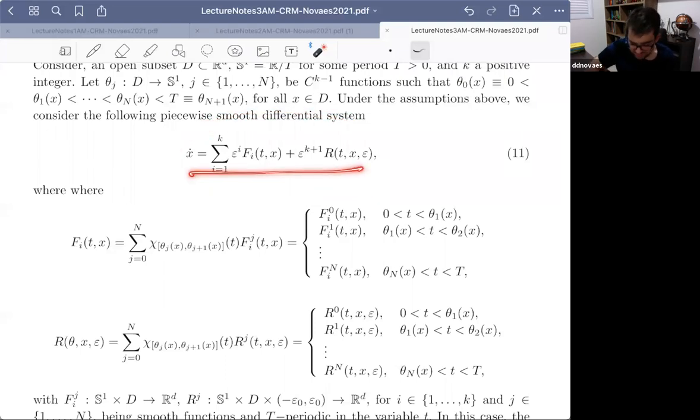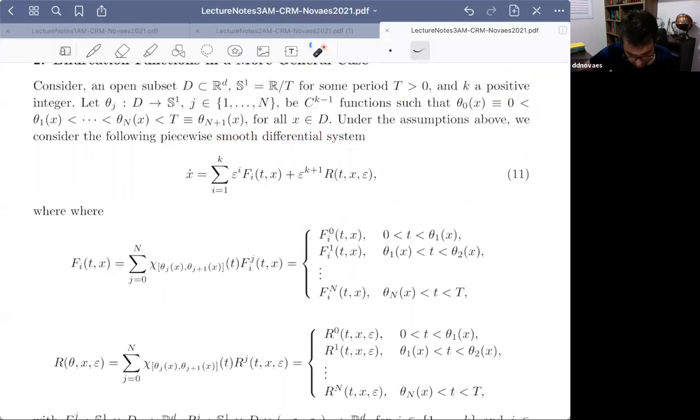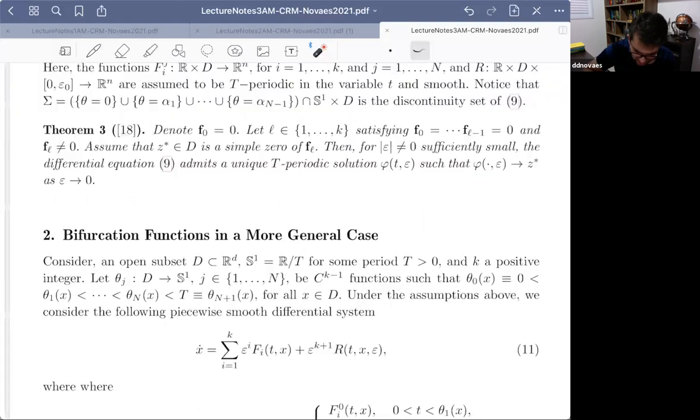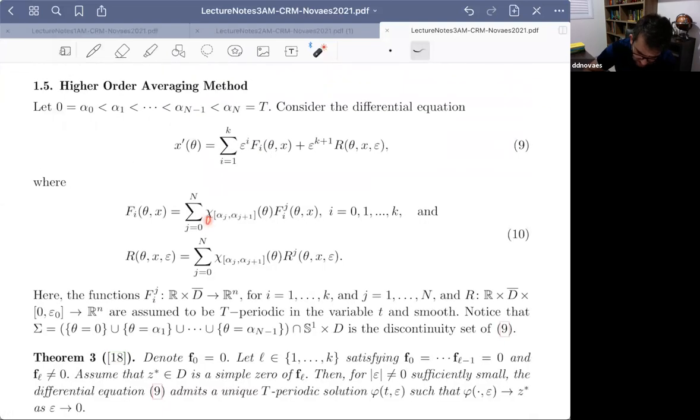So this is the same that we always have, but here Fi are defined as this function. So note that in this context, the characteristic function was taking time, but it was constant. Okay, so if theta belongs to this constant interval, then Fi is equal to Fij.